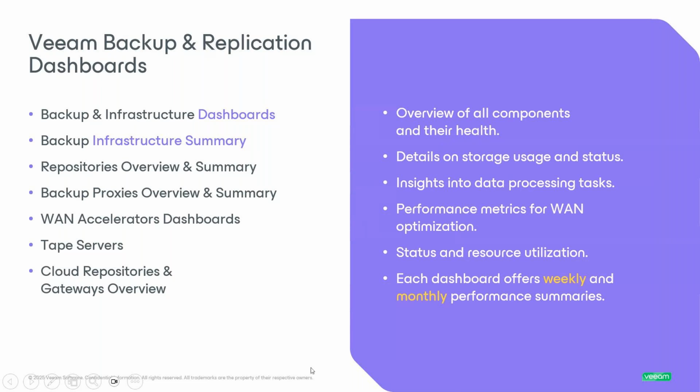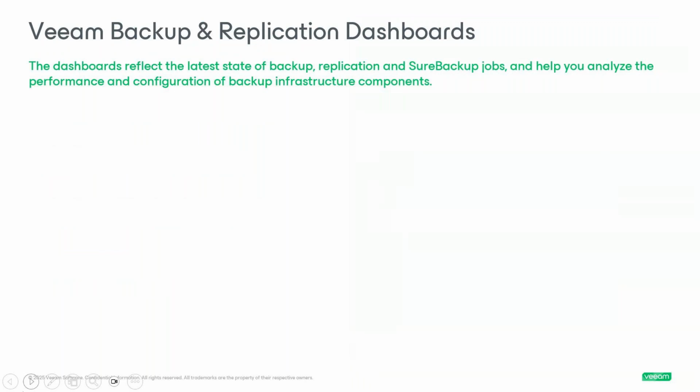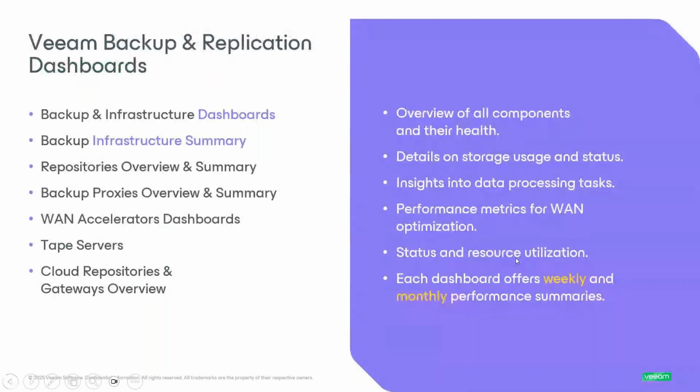You'll be able to see how your storage is being used, how much space you have left on it, how the data is being processed, what's the backup window. So really very detailed information about each of the components within your Veeam backup application server. You'll also be able to gather or organize that information in weekly or monthly summaries.